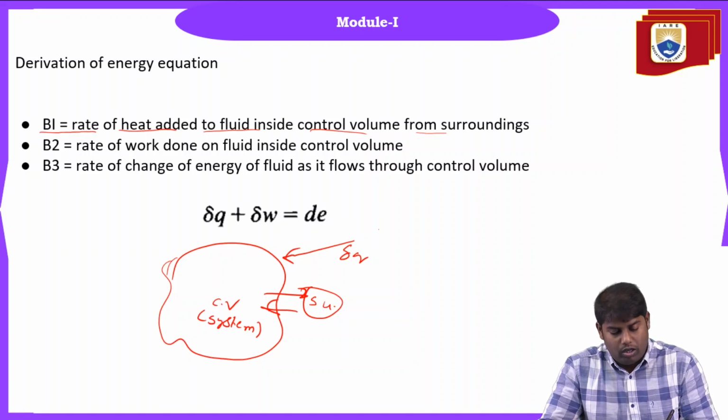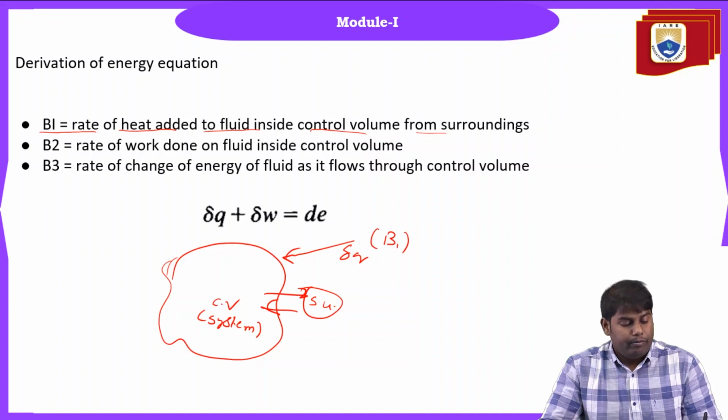So here this is called B1. What is B1 actually? It is the rate of heat added to the fluid inside the control volume from the surroundings. From the surroundings, we are applying heat delta Q to the system.